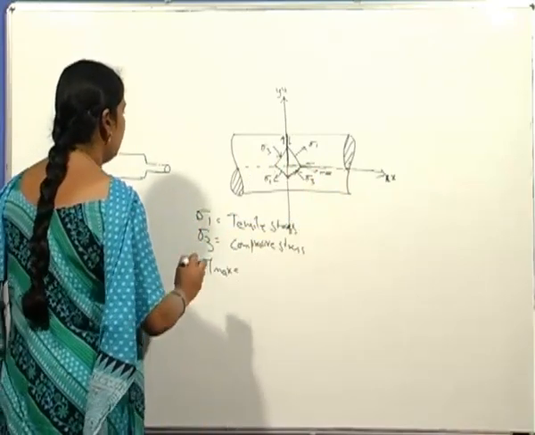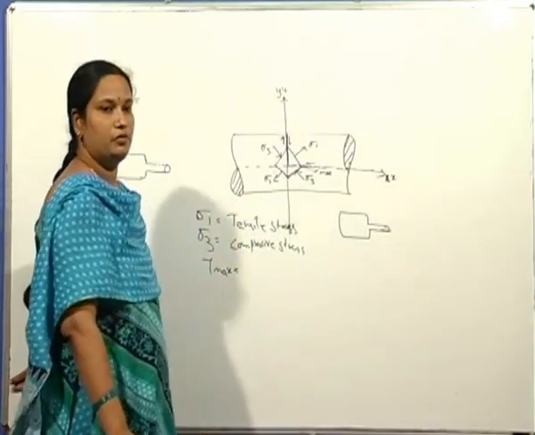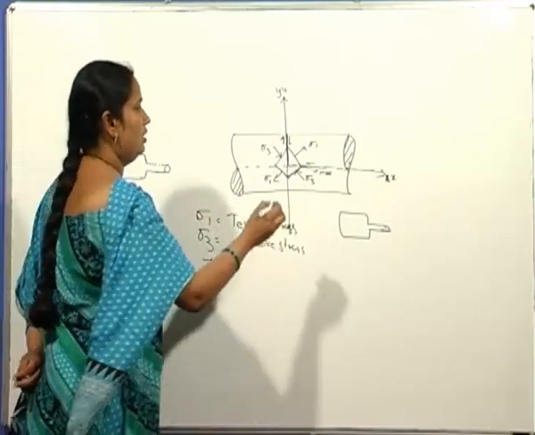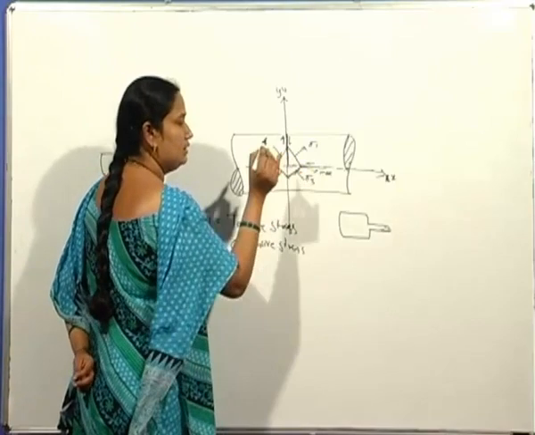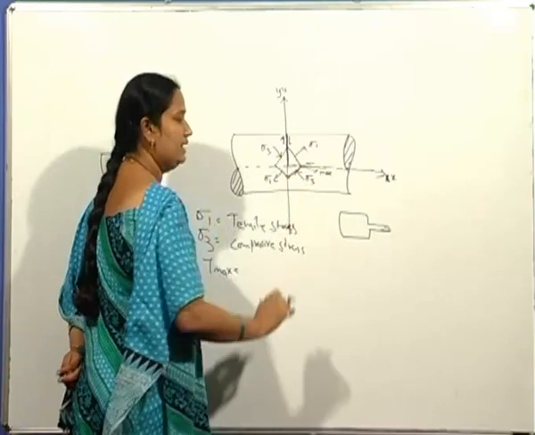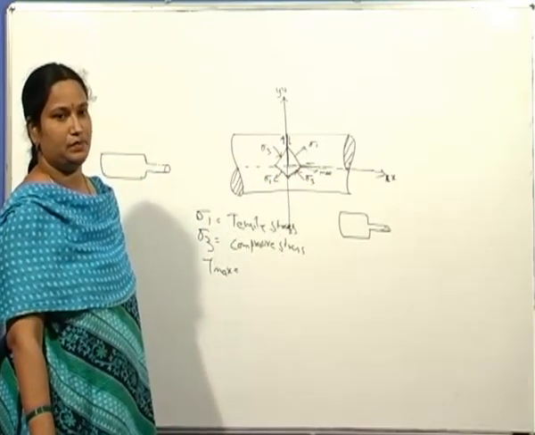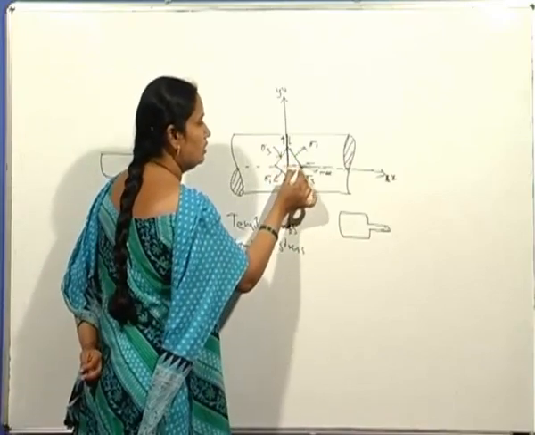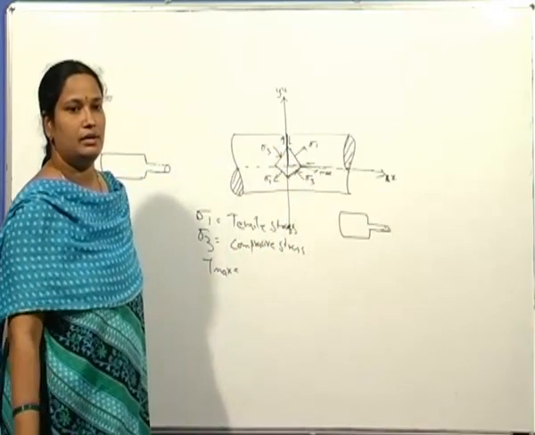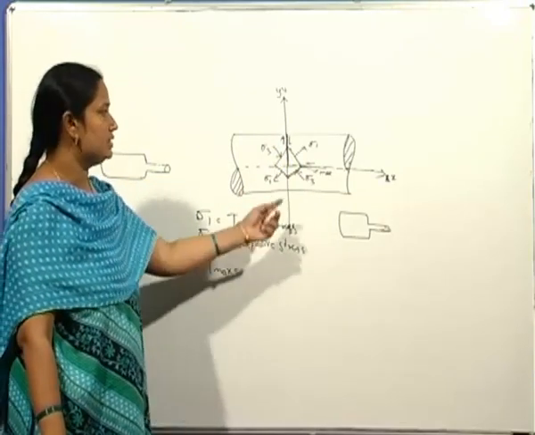Whereas a brittle material fails in torsion along the plane which makes an angle of 45 degrees to the longitudinal axis, because this is the plane over which the maximum normal stress acts, that is sigma 1.